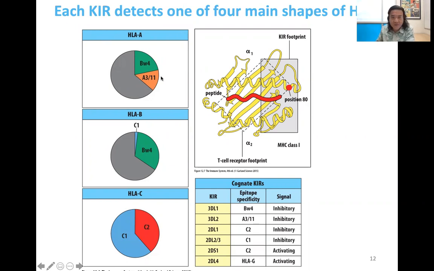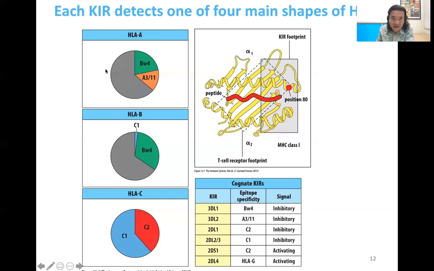These pie charts represent the frequency of polymorphisms in these highly polymorphic HLA A, B, and C genes that code for the HLA proteins that make up your MHC1 platforms. And what you see is this, right? Look at HLA-A. There's something like over 1,000 different cataloged human variations in that gene.